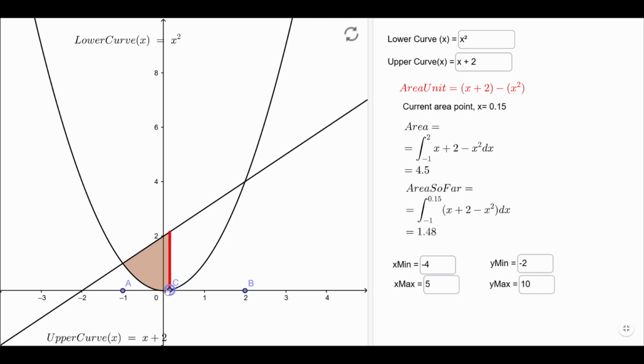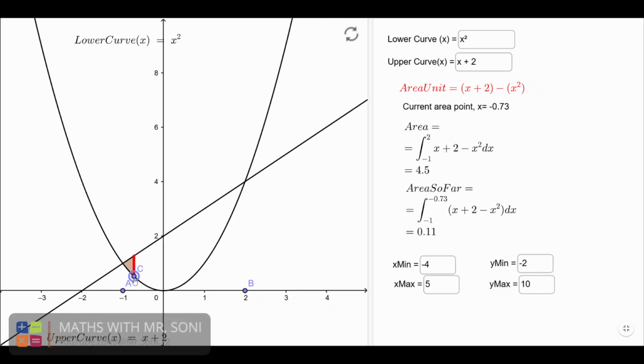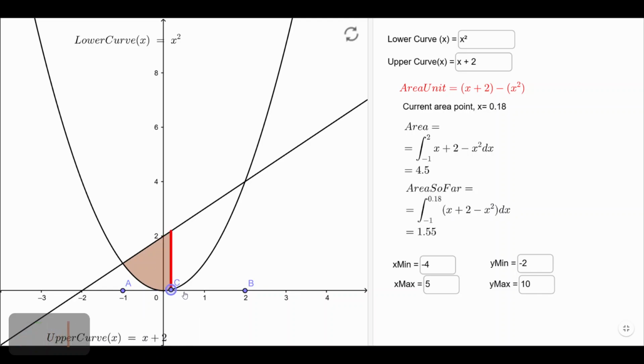This strip will shrink and grow given the position of x values. But anywhere the height of the strip will be the upper function minus the lower function, the upper value minus the lower value.